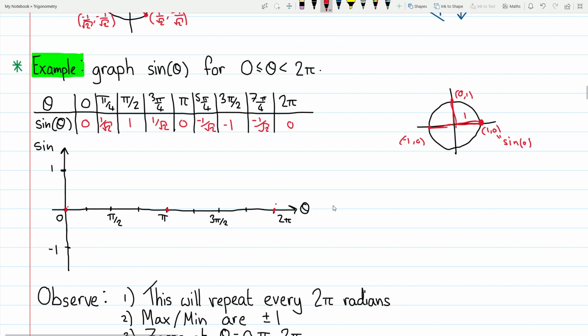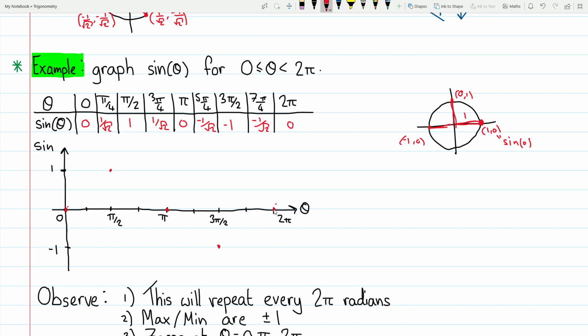So we can plot these points on the graph. Again, we're doing exactly what we've done before. We've taken a sample of points within this interval in order to graph sine of theta. So we can plot these points. Initially you might not have plotted these intermediate points, you've just plotted 0, pi on 2 is 1, pi is 0, 3 pi on 2 is negative 1.